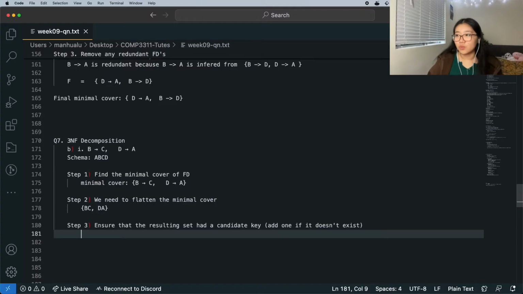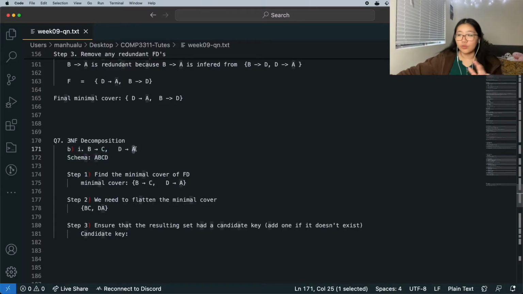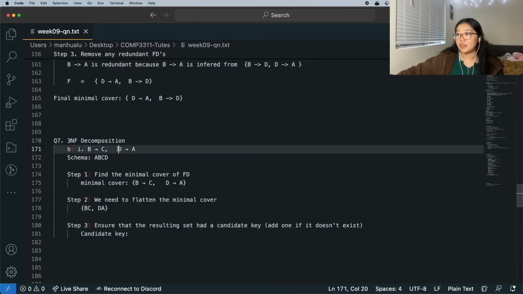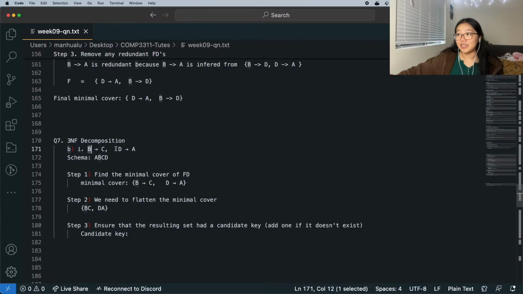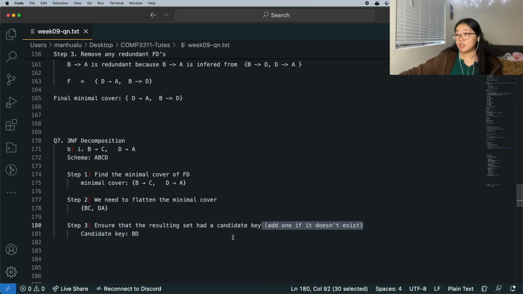And luckily for this one here, it's quite easy because we've only got so few functional dependencies. Well, we want to get C, we want to get A because they're on the right hand side. So we need to get these two, B and D, added into our candidate key, right? So that's your candidate key. And so it says add one if it doesn't exist.